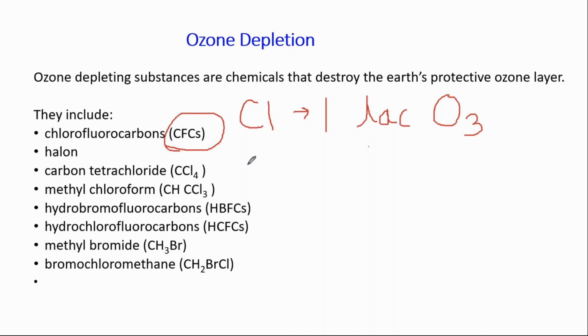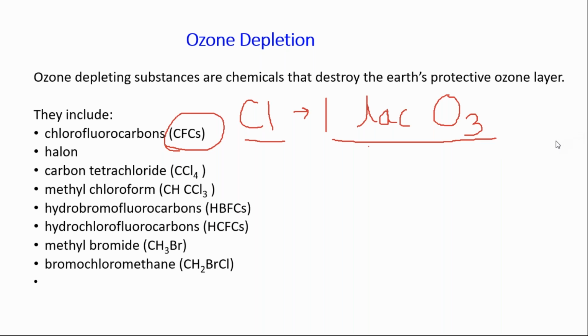These include CFCs, CCl4, methyl chloroform, HBFCs, HCFCs, etc. If you are using this chlorine in the product, then we are going to lose this much ozone, and that is why chlorine derivatives are replaced by non-chlorine derivatives nowadays. That is nothing but the ozone depletion phenomenon.